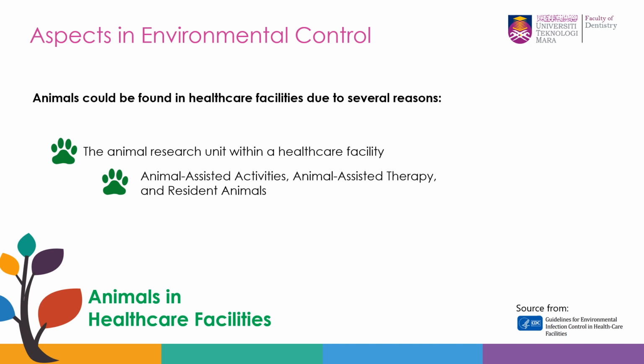Psychology also has used animals to treat patients. It is one of the rehab options available. What about resident animals? Resident animals are not like cows or goats living in the hospital. Some hospitals do have fishes, some sort of display animal inside, so that could be one of the potential hazards to our patients and us as well.